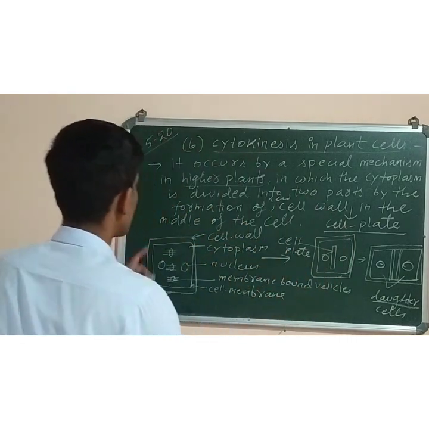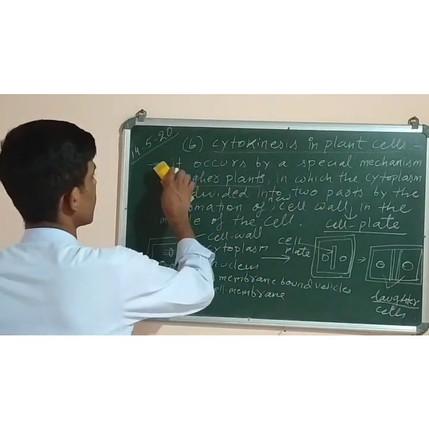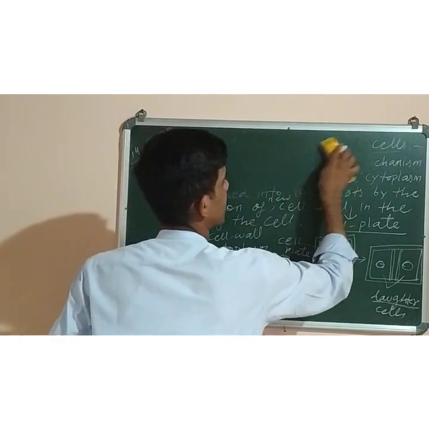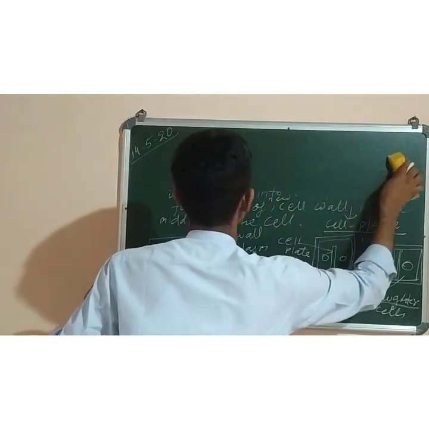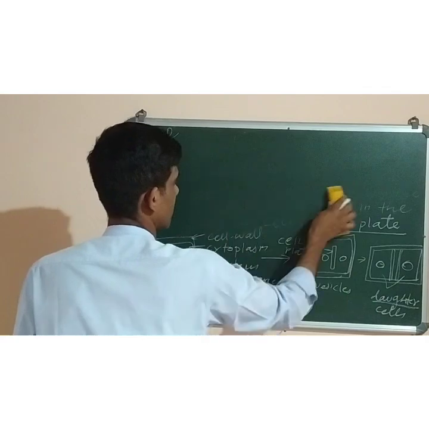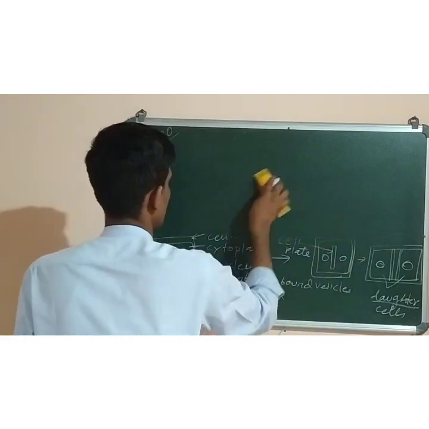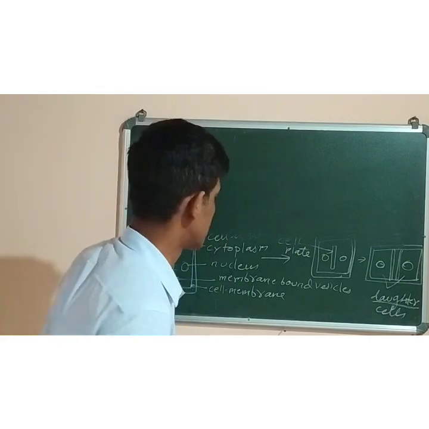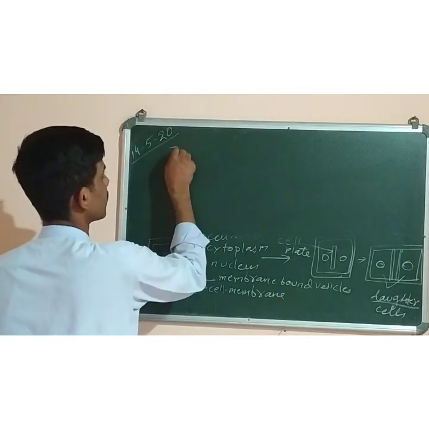Now next point, only one point was completed here. Okay, next point is the polar spindle microtubules. How the cell plate is formed.